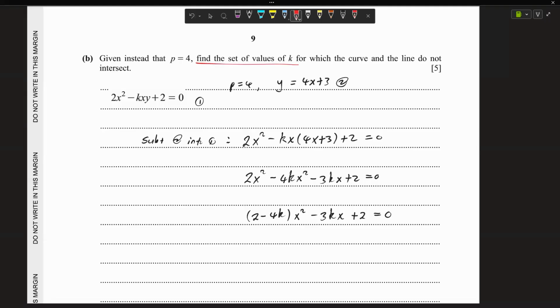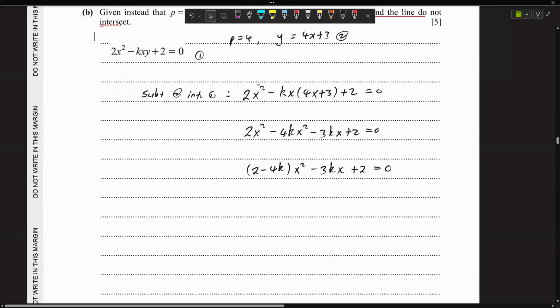according to the question, find the set of values of k for which the curve and the line do not intersect. Okay. So we are saying curve and line do not intersect, which therefore means that b squared minus 4ac should be less than 0.